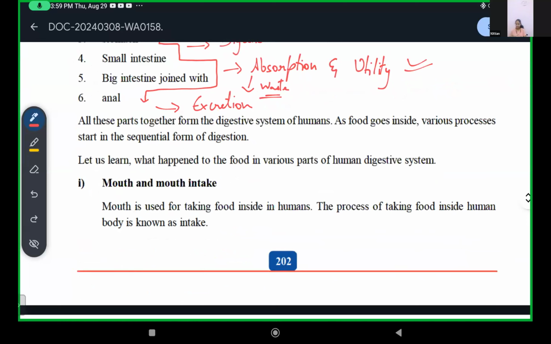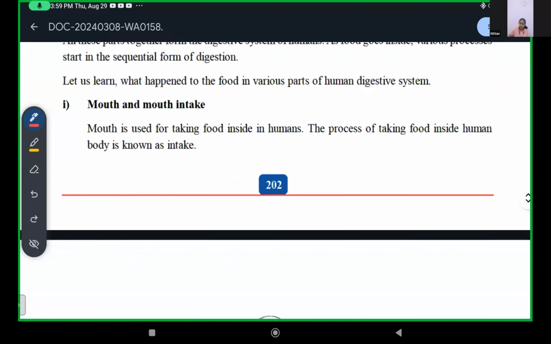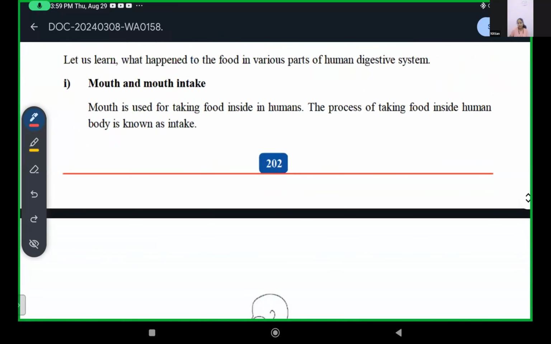As food goes inside, various processes start in a sequential form of digestion. Let's learn what happens to the food in various parts of the human digestive system. So let's talk about it. Mouth, intake. The mouth is used for taking food inside in humans. The process of taking food inside the human body is known as intake.